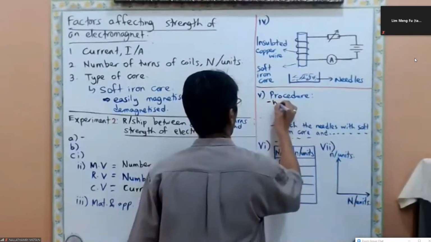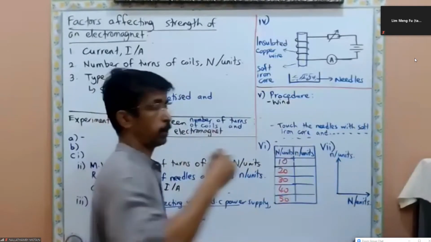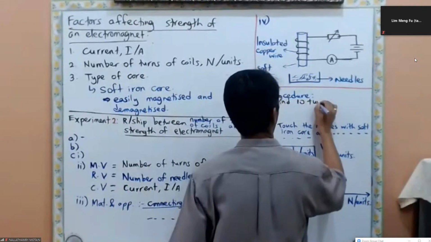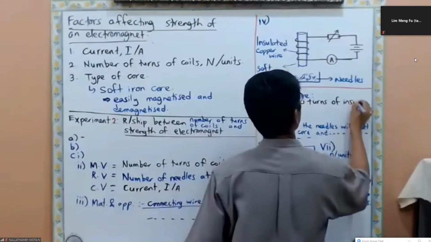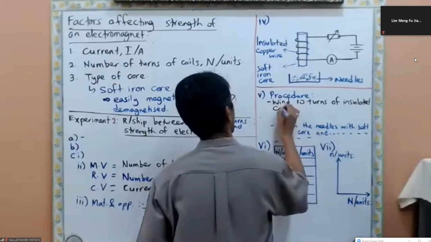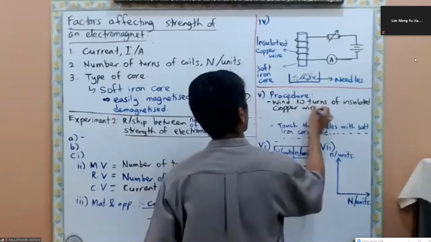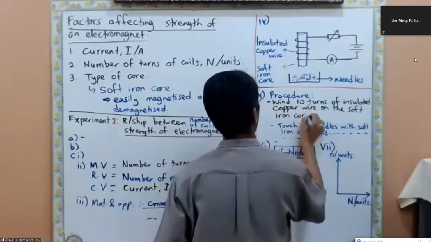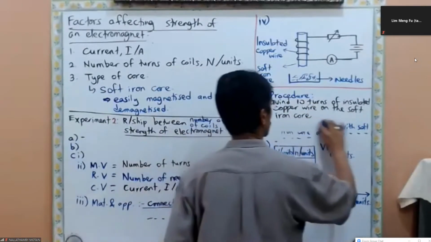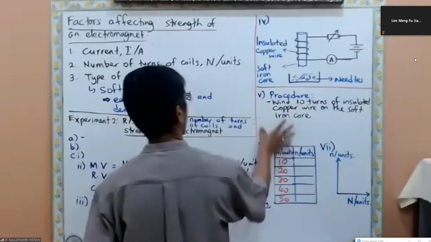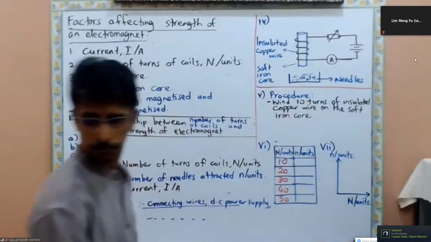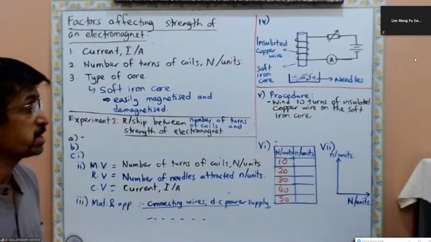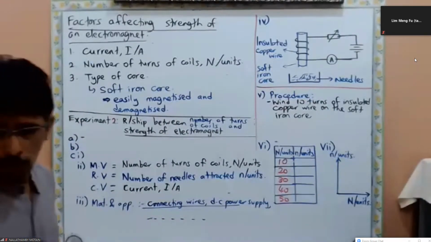So here we write Y. 10 turns of insulated copper wire on the soft iron core. Why 10 turns of insulated copper wire on the soft iron core?